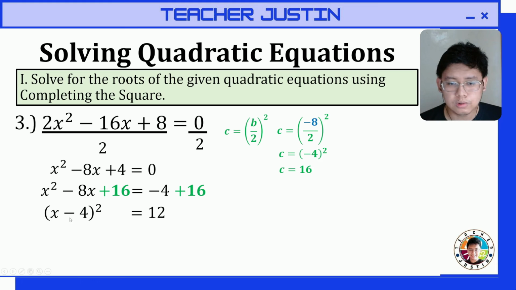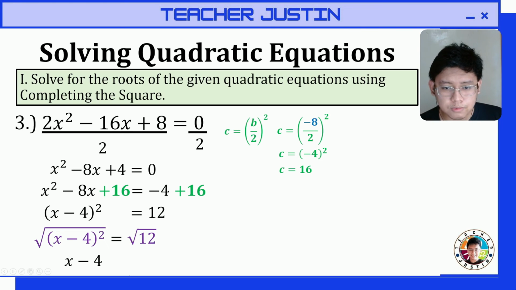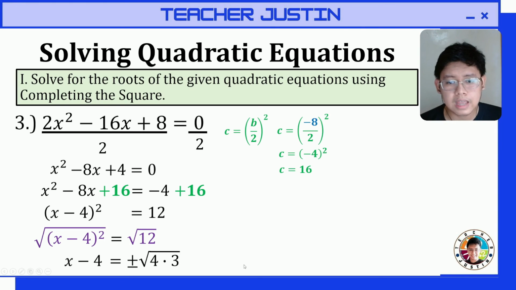So now, let's solve for the value of x using extraction. Let's remove this exponent using the square root property. We get the square root of both sides. We will have x minus 4 is equal to positive negative square root of 4 times 3. Remember, if we cannot get the square root of the number, we have to simplify it. So let's look for factors of 12 with a perfect square.